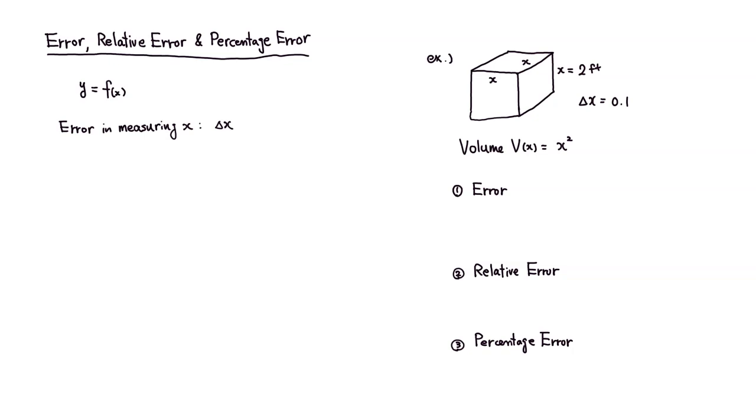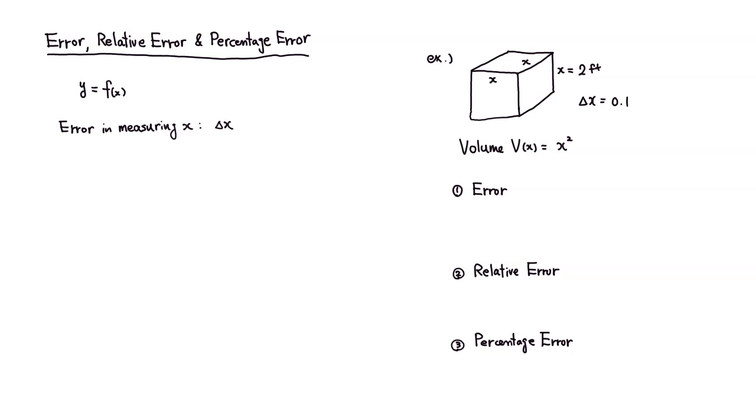So we want to look at something called the relative error, with respect to the size of the thing and how big the error is. That's called relative error, and if you turn that into a percentage, it's called a percentage error. So they're essentially the same thing.